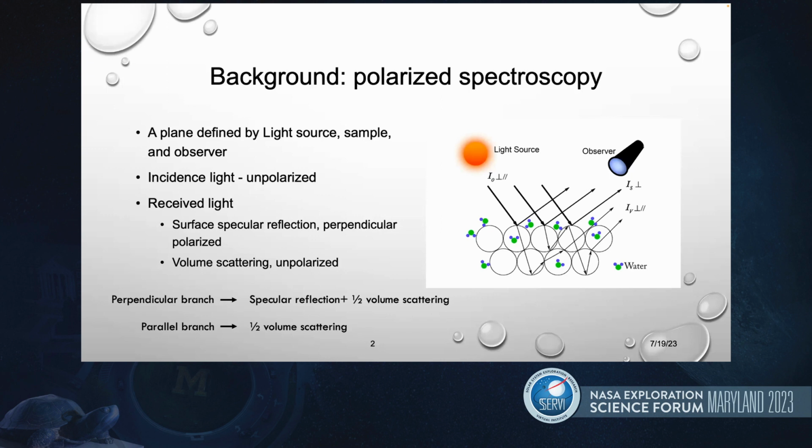So those are the linear polarized branches. And the received light, we can detect at two directions. The perpendicular branch you observe is mostly from the specular reflection and half of the volume scattering, and the parallel branch is from the volume scattering. And next slide, please.